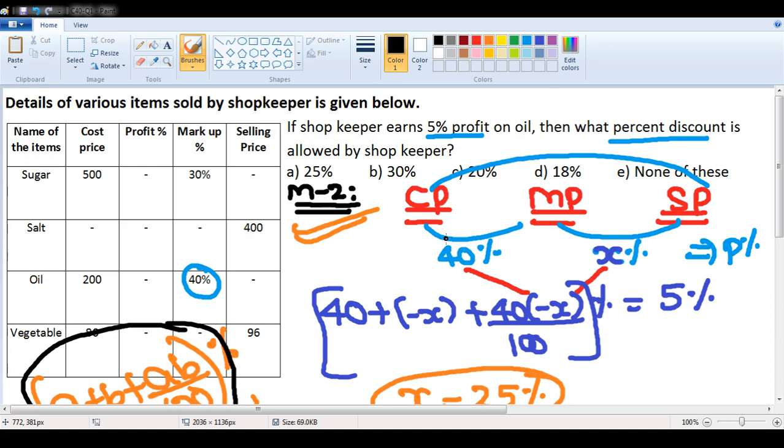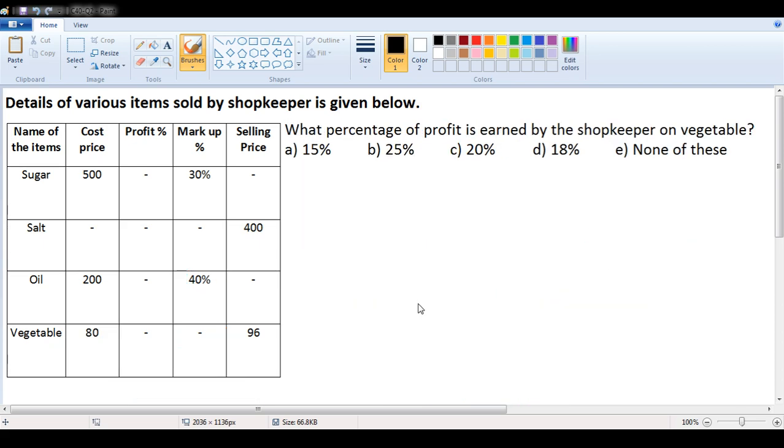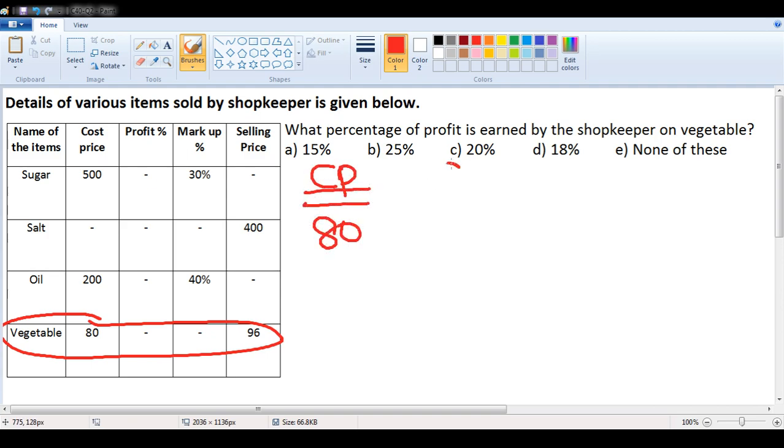Second question of the caselet. It should be a very easy question. What percent of profit is earned by the shopkeeper on vegetable? Vegetable means I am interested in this value. Cost price is given as 80. Selling price is given as 96. They are asking for profit percentage. Profit percentage is always between cost and selling only.